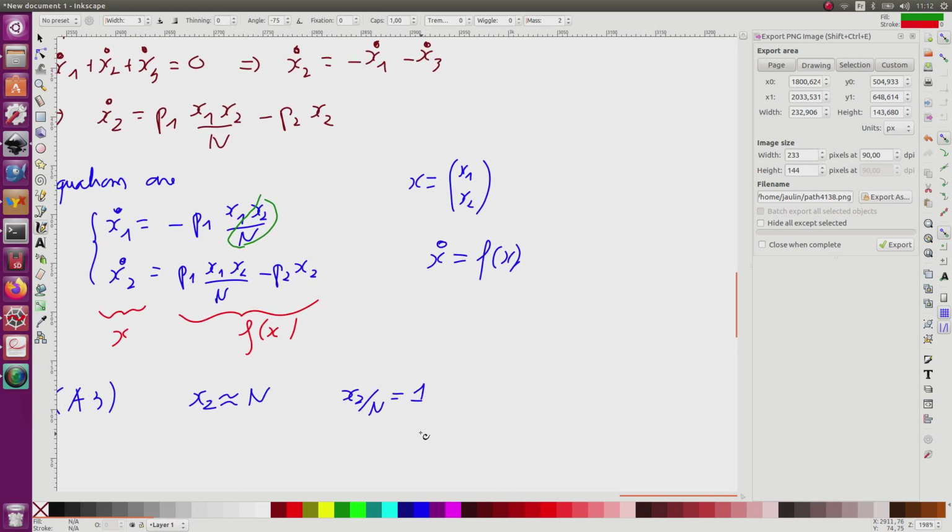As a consequence, x dot 1 equal minus p1 x1. Now, due to the fact that the assumption tells me that if a not yet infected individual lives among a population where everybody is infected, has a probability of 0.3 to be infected, I have this term which corresponds to the evolution rate, which is equal to 0.3.